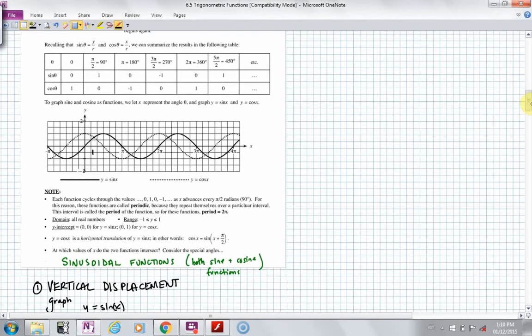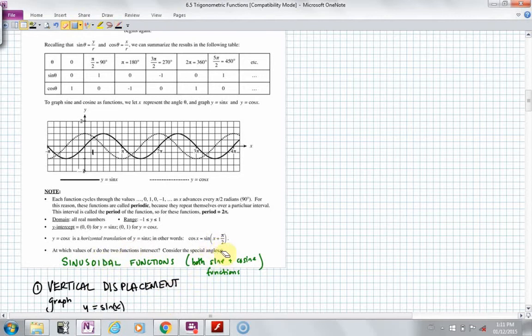Then there's some notes at the bottom. Each function cycles through the values 0, 1, 0, negative 1, and of course all the values in between, and advances every pi by 2 radians, as x advances every pi by 2 radians. These are called periodic functions, okay? And it gives you the domain and the range and the x-intercept and the y-intercept for both of them, and it's talking about the horizontal translation, and then it's going to talk about special angles in a moment.